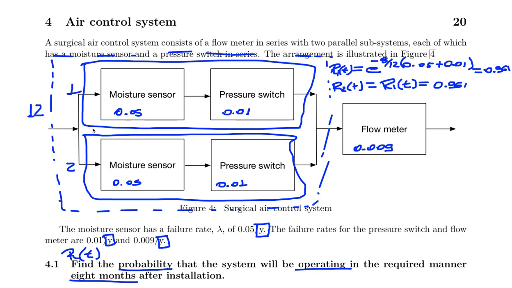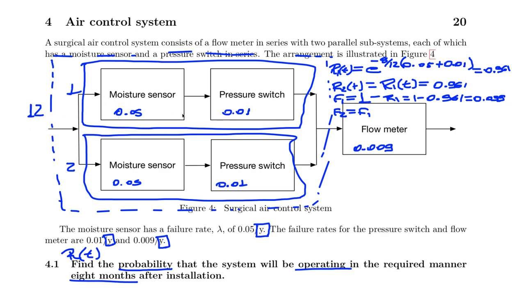But to solve the parallel system, I need to find the unreliability. So what I'm looking for is the unreliability of subsystem 1, which would be 1 minus the reliability. So 1 minus 0.961, which is 0.039, which is the same as F2 because the system is the same.